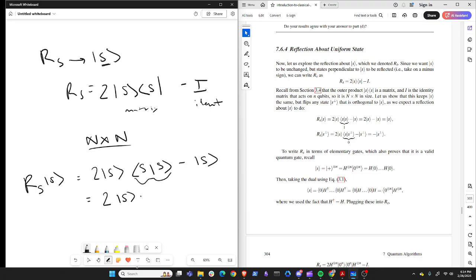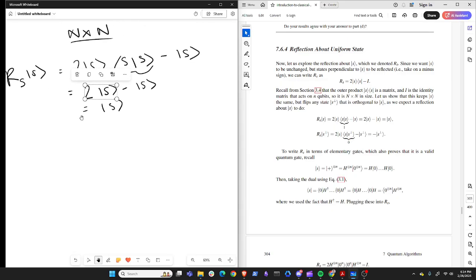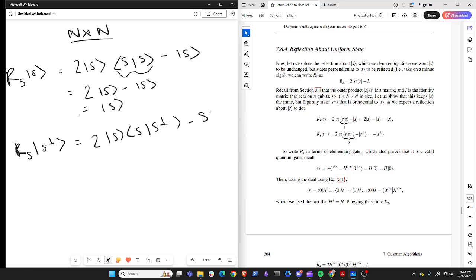So we wind up with 2S minus S, or just S. So our rotation gate applied to S yields S, and our rotation gate applied to a state that is orthogonal, that is perpendicular to S, where the inner product is equal to 0, leaves us with 2S times 0 minus S perpendicular.